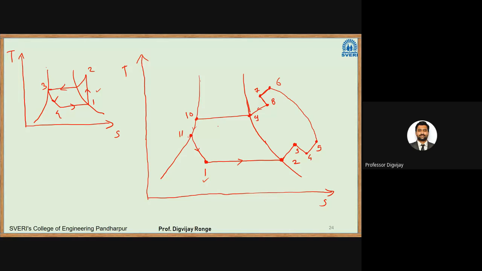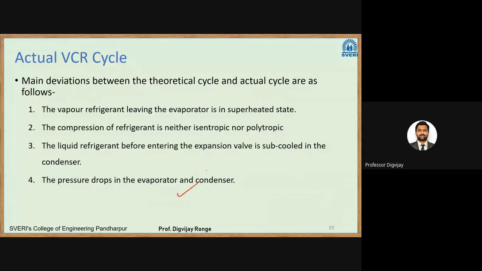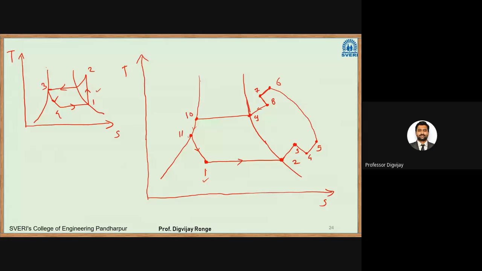One thing I mentioned earlier was that pressure drop occurs in the evaporator and condenser, so we can show that here. This point 2 will be a little bit lower. If it is a straight line, there is a pressure drop in the evaporator, so it will reach point 2 here.